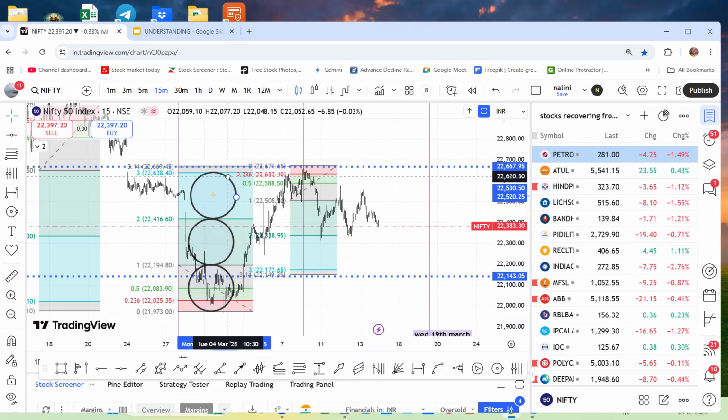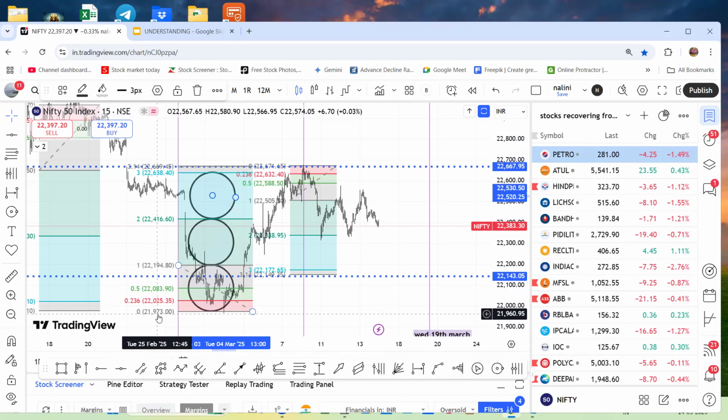Three measured moves, and the pi calculation is 3.14. So in the Fib tool, I have tweaked for this. You can also do this: 0, 0.5, 1, 2, and 3, and next level 3.14.